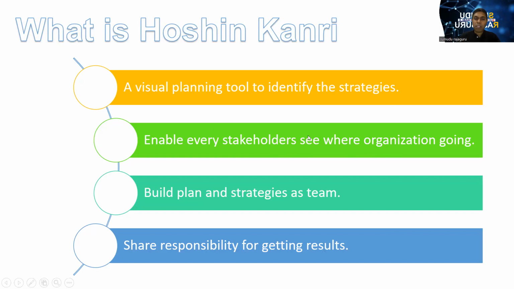When we talk about stakeholders, whoever the members interested regarding the organization's operation, those are the stakeholders. Maybe factory owners, organization top management, government parties, suppliers, customers, employees, everyone we can consider as stakeholders. So when we prepare the Hoshin Kanri, everyone can understand where the organization is going.